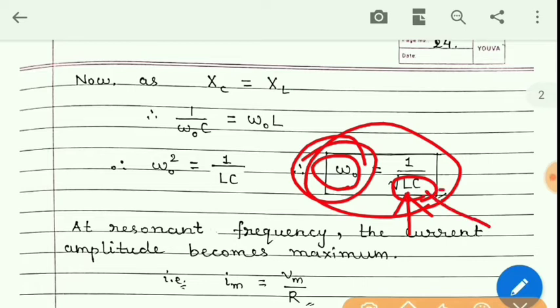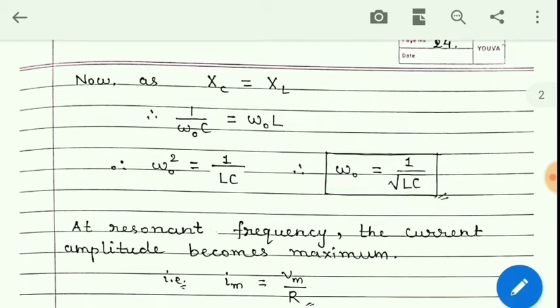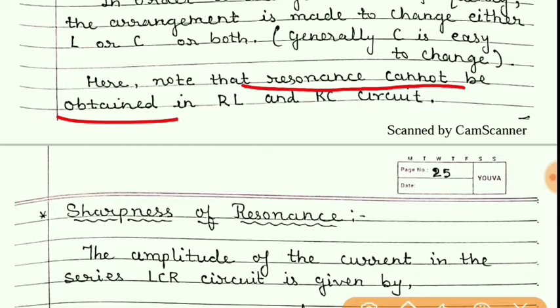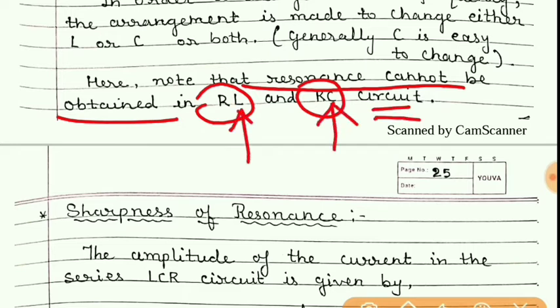By changing only C, you can change the frequency, or you can change both L and C. Now students, here we should note one thing: resonance cannot be obtained for only an RL or only an RC circuit. Both L and C must be present in the circuit.